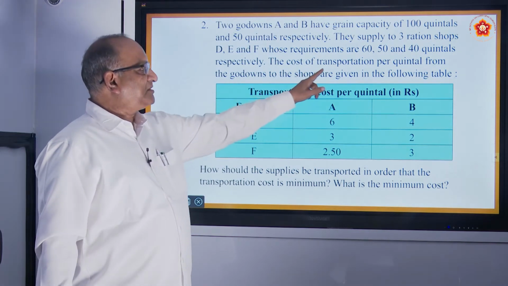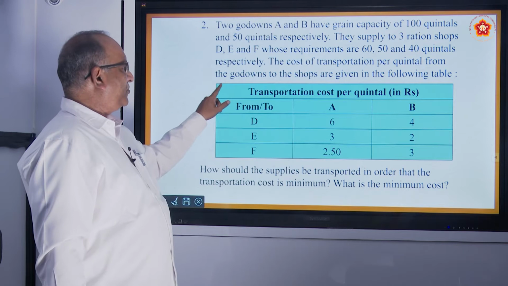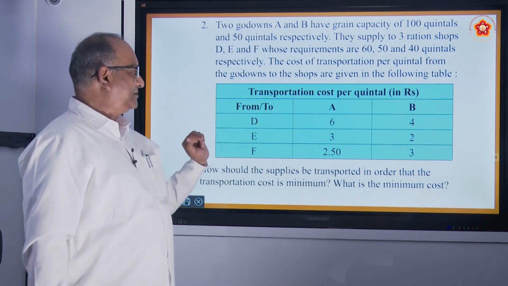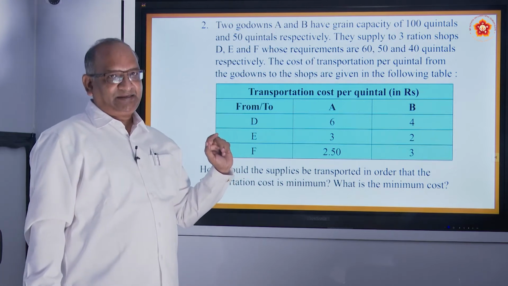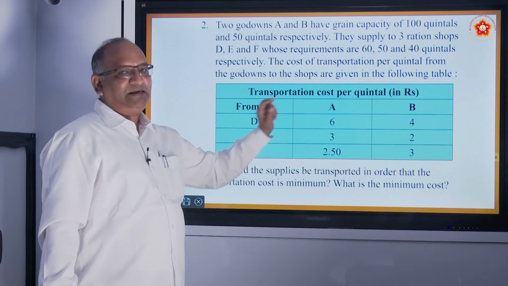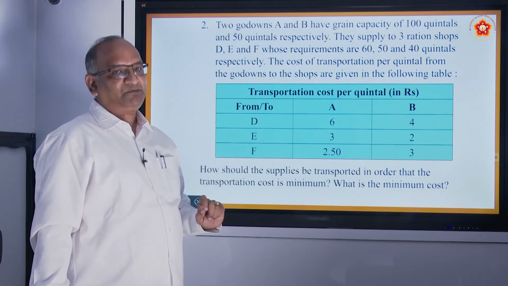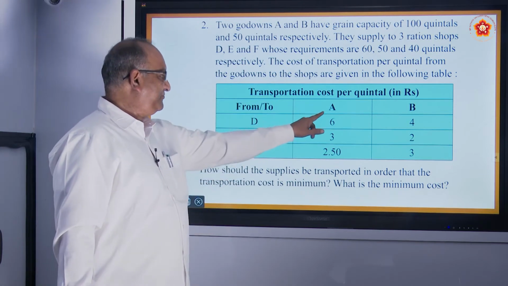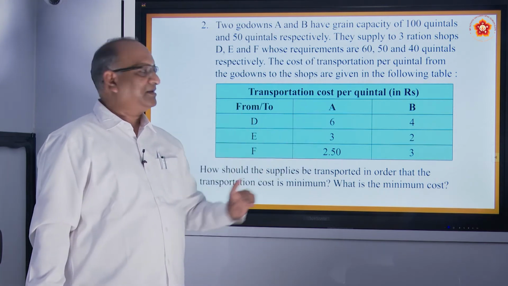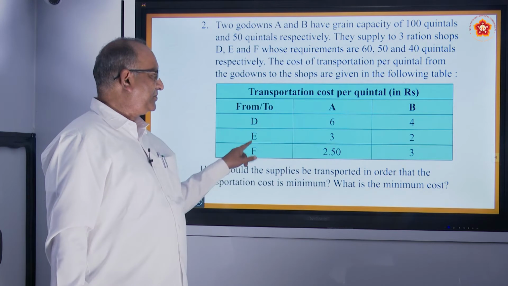The cost of transportation per quintal from the godowns to the shops are given in the following table. It means if you have to take the grains of 1 quintal from A to D, you have to spend 6 rupees. This is the transportation charge. Similarly, from A to E it is 3 rupees, A to F it is 2 rupees 50 paise. Similarly, B to D, B to E is given.